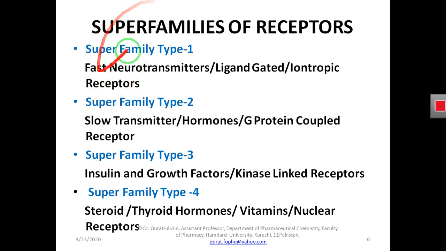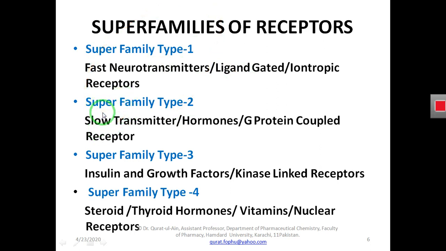Due to this speed of action, these receptors are termed fast neurotransmitter receptors or ligand-gated receptors, because they only open when a ligand binds with the receptor. And they are termed ionotropic receptors, because when these receptors open their channels, they initiate the transfer of ions, as I told you earlier.